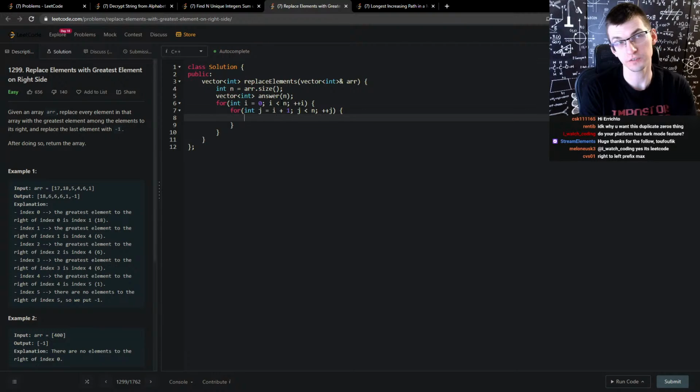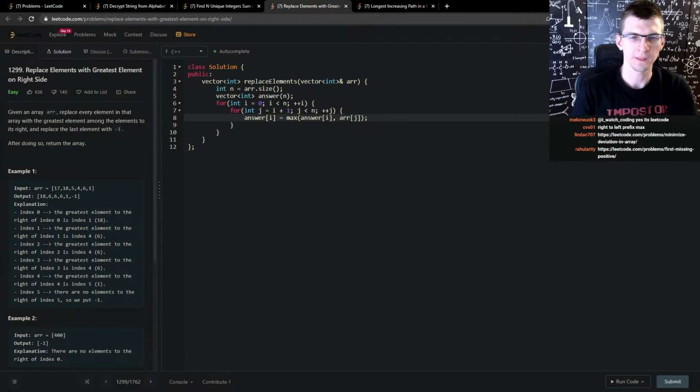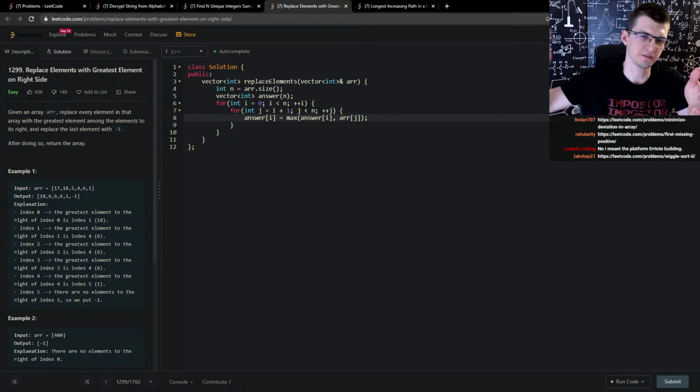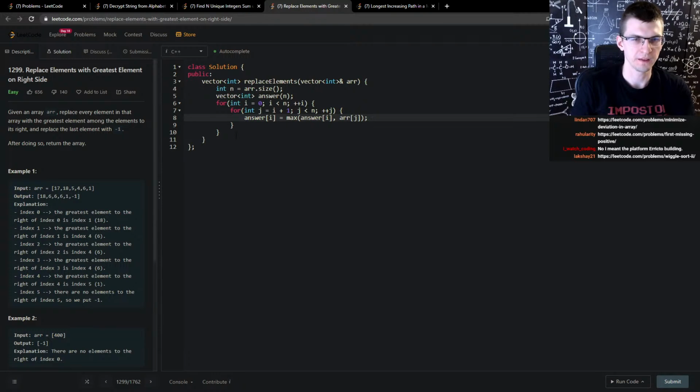Iterate over all the values on the right. Maximize answer with array of j. Right. Like for I equal to 3, I want to check indices 4, 5, 6 up to n-1.